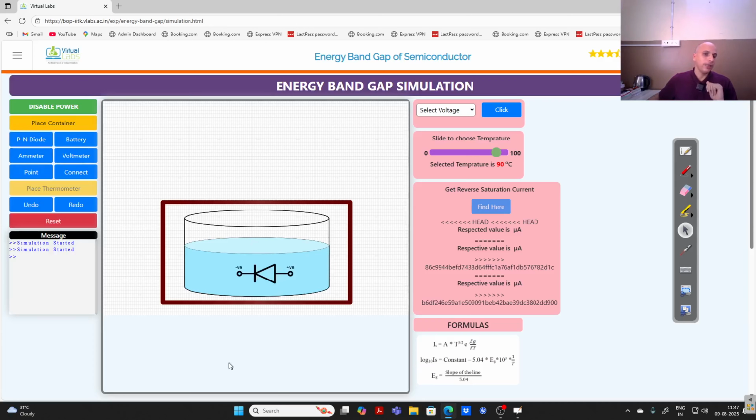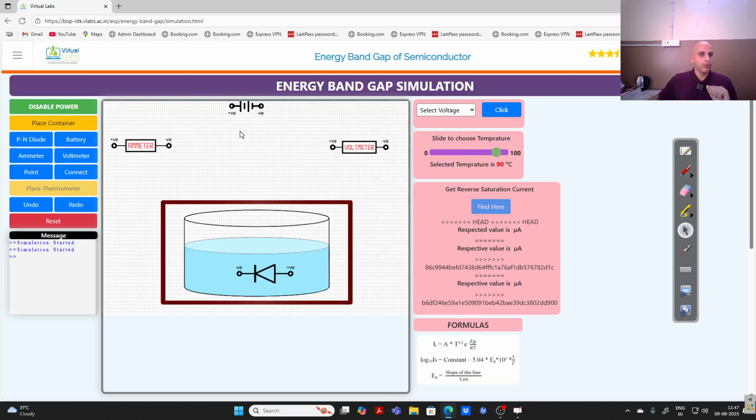Now the PN junction diode is placed here. You can see. Then what we need is a battery. Click on the battery, then click here, right? What we need, ammeter, click on ammeter, right? Voltmeter, right? Voltmeter here. So I got all the components that I need.